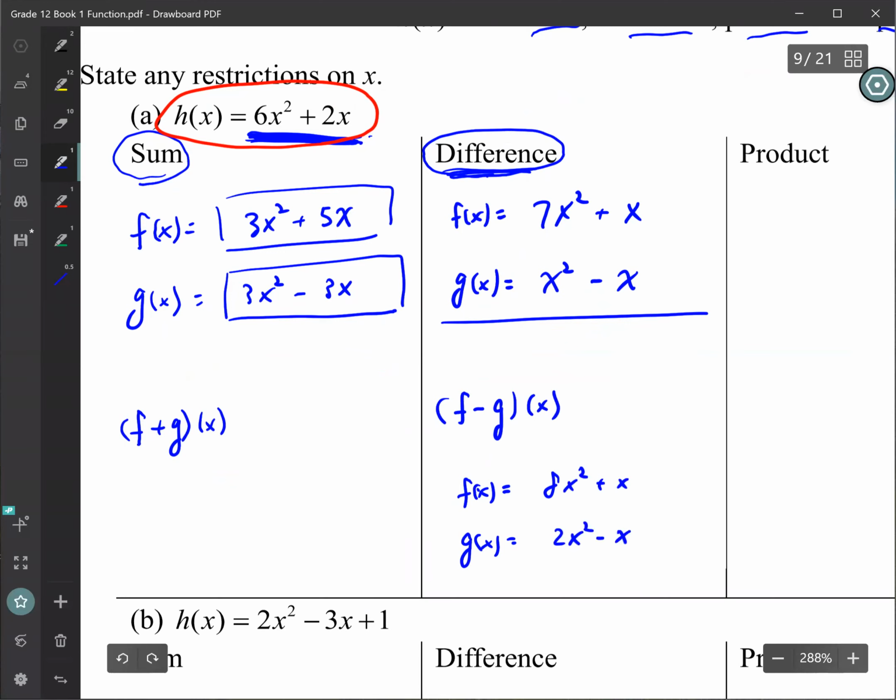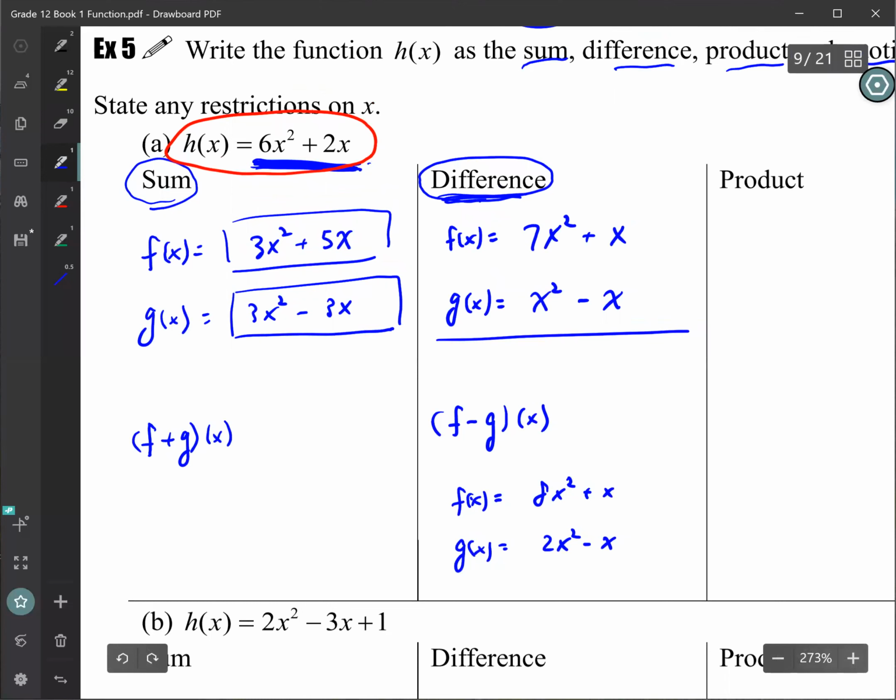Minus x, okay. So if we subtract, 8 minus 2 will be 6, right? 1 minus negative 1 will be 2. Yeah, it also works. So there are many ways, okay? Everybody could be different, so you can check it by yourself. If I'm marking your homework, there's no answer key to that, so I have to check each one of your choices, see if it matches, okay? So Cindy's answer is correct, Donna's answer is also right, okay?